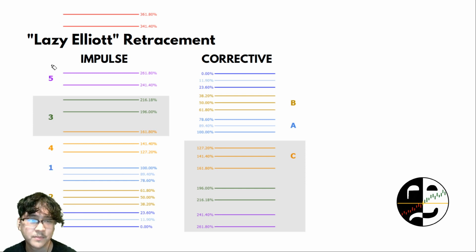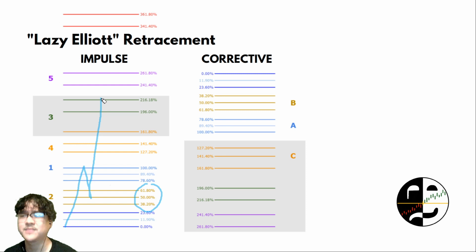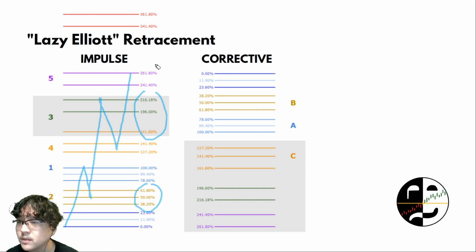So these are the numbers to your left for the impulse. So ganito lang siya, 1, 2 is any of these, it's kind of self-explanatory. 3 is this one. In the next slide I will show you the variations of these, but this is how you interpret the wave, even without drawing the wave.